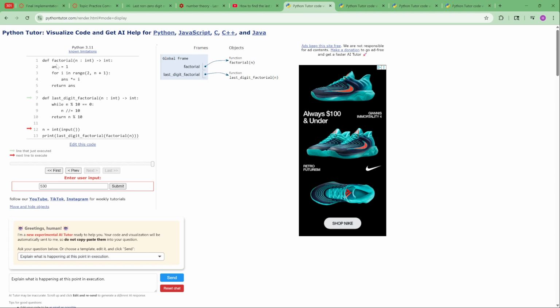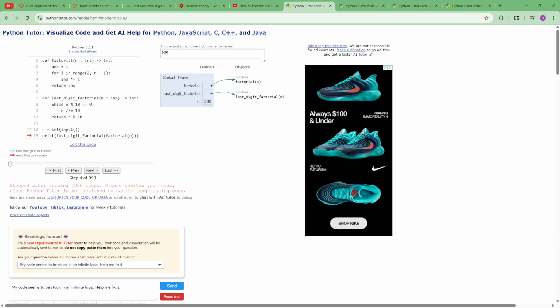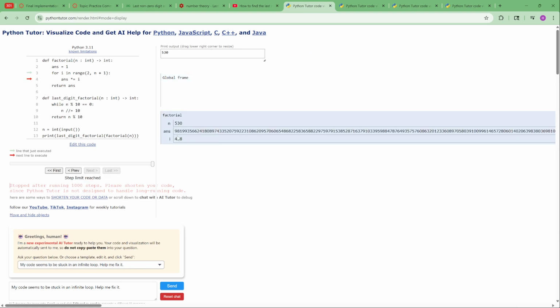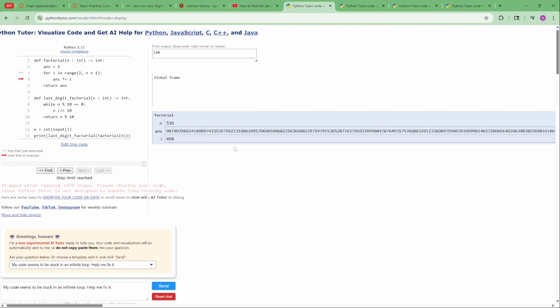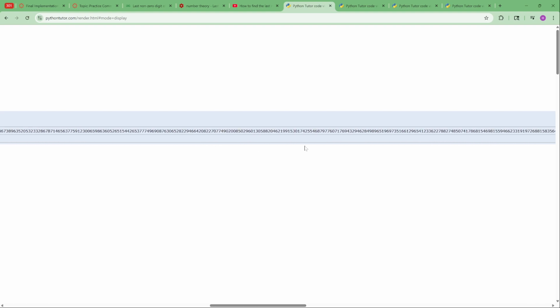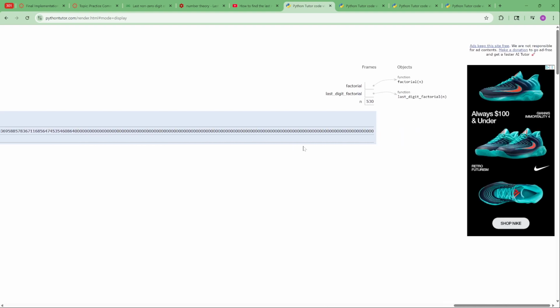This is the naive approach, the original approach I had, which is just simple factorial, and then after that dividing by 10 until we find it. The problem with this is it has over 1,000 steps, and fails to run in Python tutor completely. It fails at 498, I think. I don't know which step this would be, but it's a very, very long number.